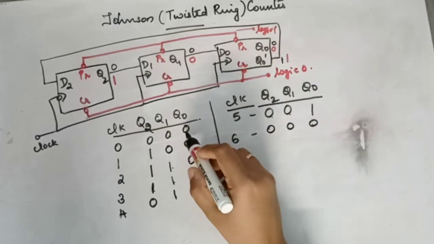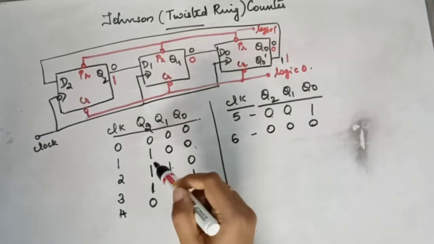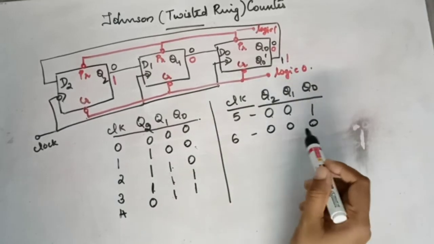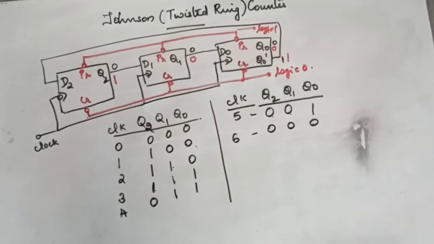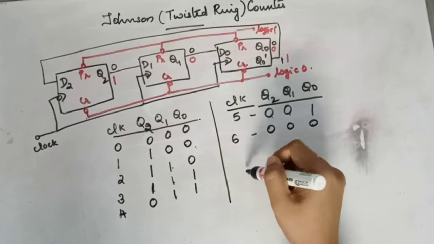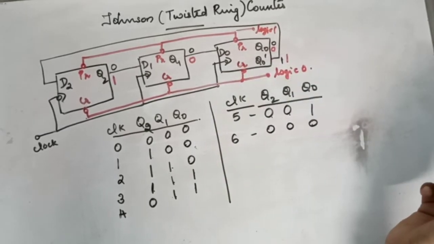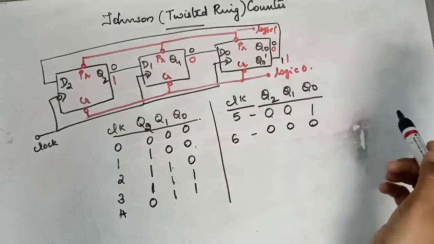So we have started with 0 and we ended with 0. Okay. And if you give another clock pulse, this will repeat. So this is the difference between Johnson counter and a ring counter.